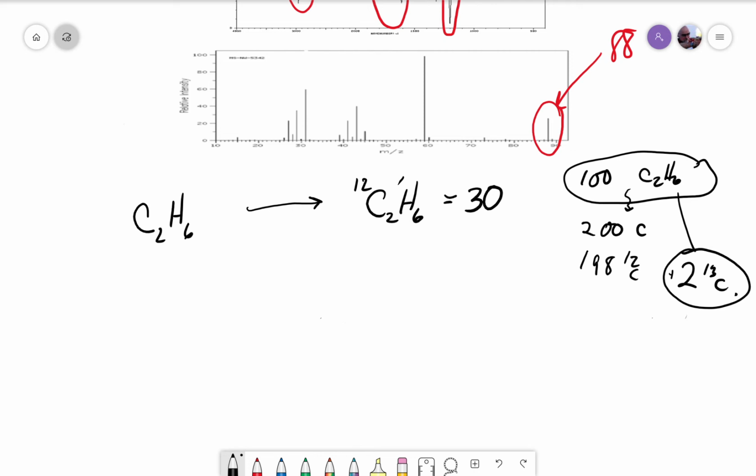So if we have 100 molecules of ethane laying around, odds are most of them are going to be C2H6 with all carbon-12s, but 2 of them are going to have a carbon-13.